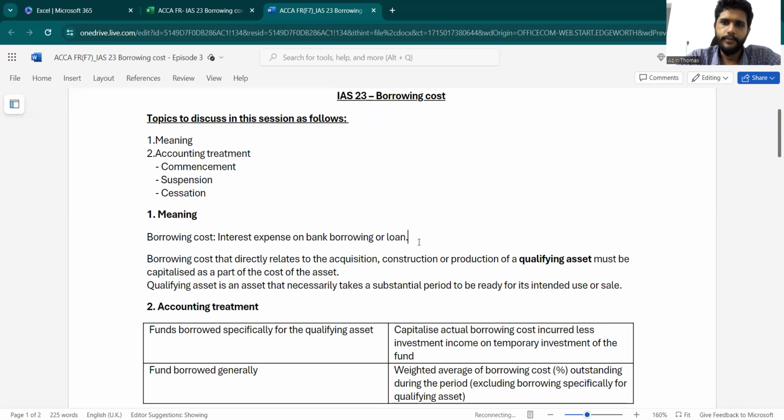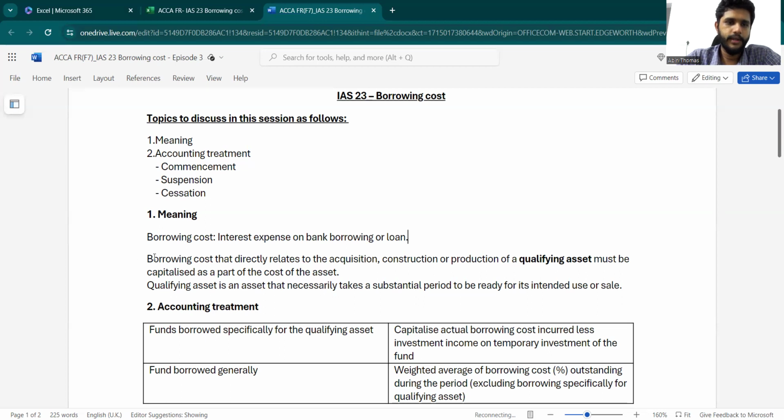For the manufacturing plant, it will take 2 or 3 years to complete. For that many years we will incur interest expense. So the standard says that for that interest expense, we can capitalize it into the cost of the asset.